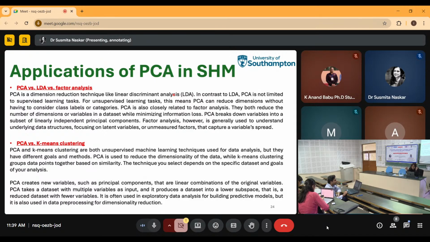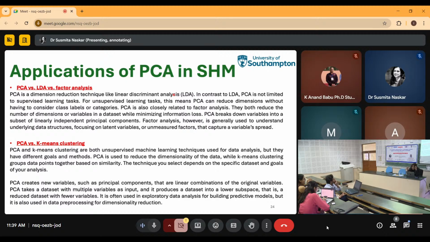So we do linear discriminant analysis when you have labeled states. When you don't have labels, that's when you use PCA. When you know whether it's healthy or damaged, that's the time you use LDA, and you want the best low-dimensional separation.